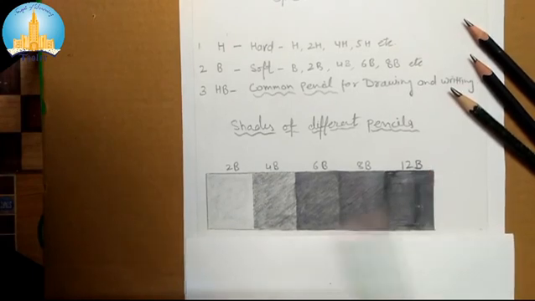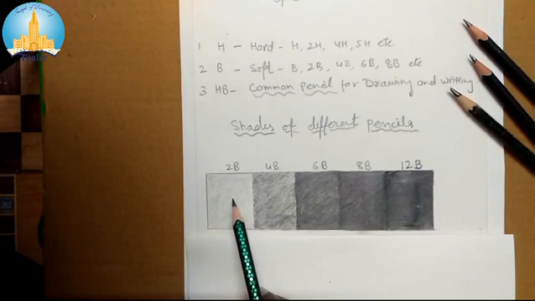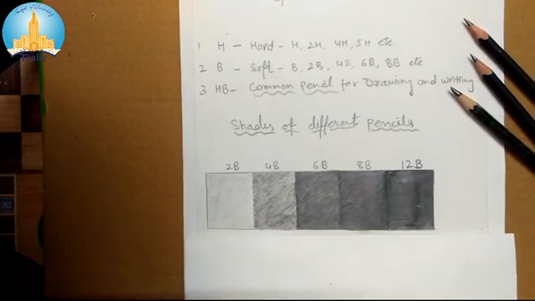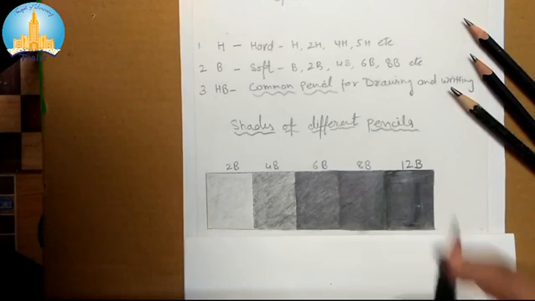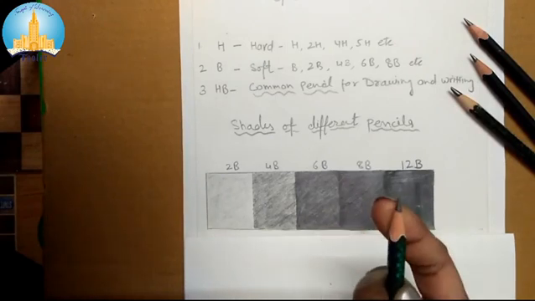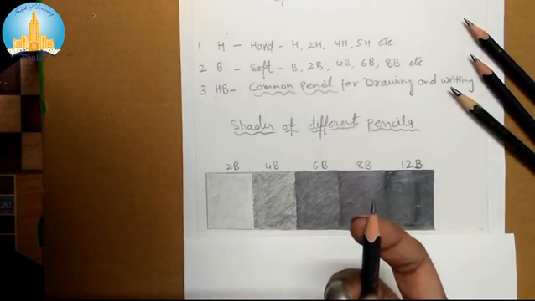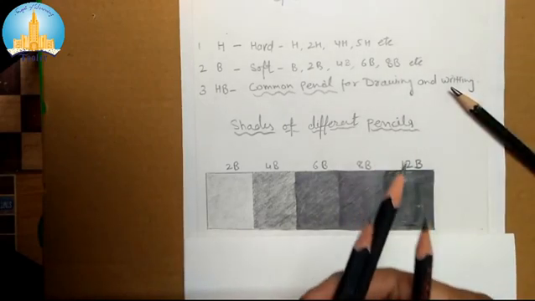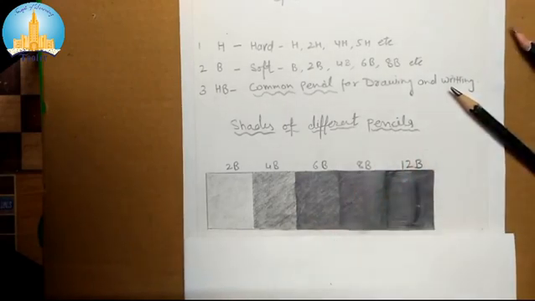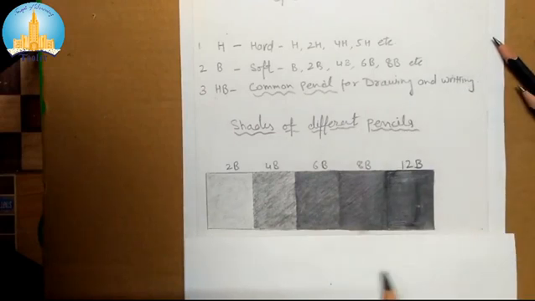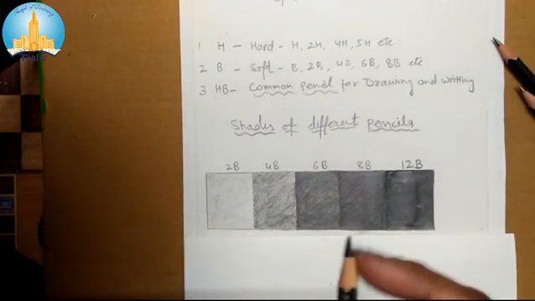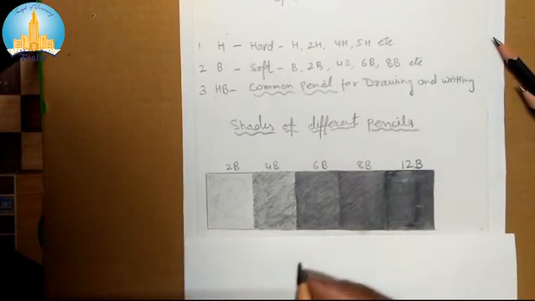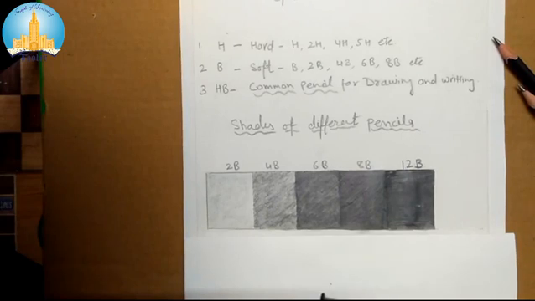As the numbers increase, the boldness of the pencil lead also increases. The lead of the 2B pencil is a little thinner. If I talk about 6B and 4B, you can see the difference. But 8B, 12B or 10B pencils have a bolder lead than 2B or 4B.